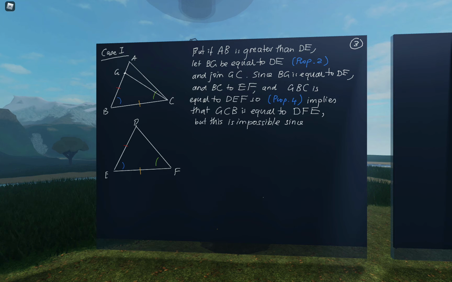Right, so that would mean GCB, well, GCB being equal to DFE, DFE is by hypothesis equal to BCA. And that can't happen.